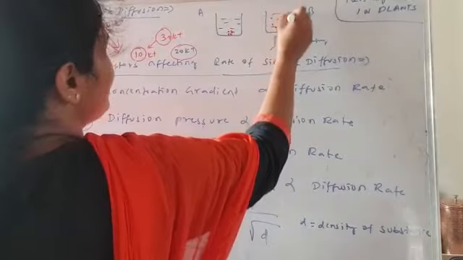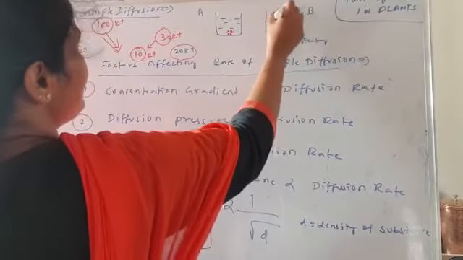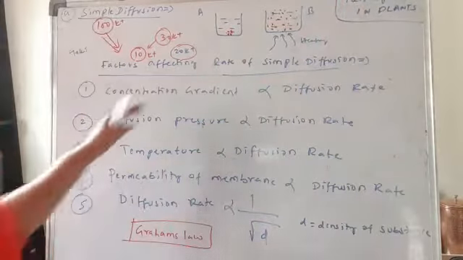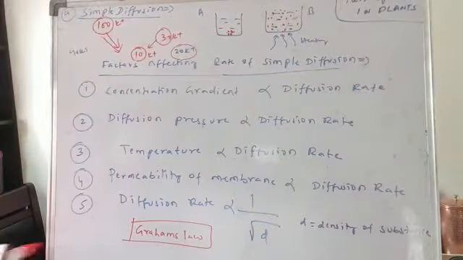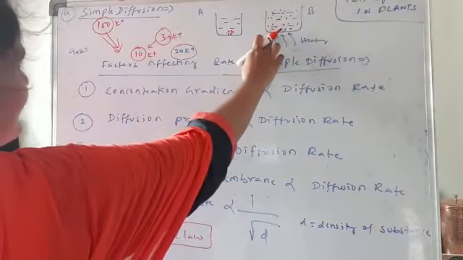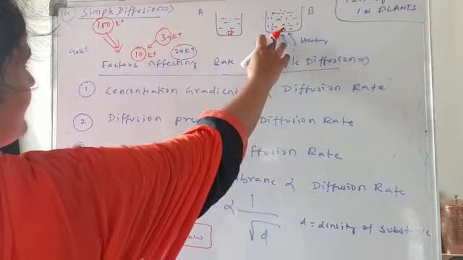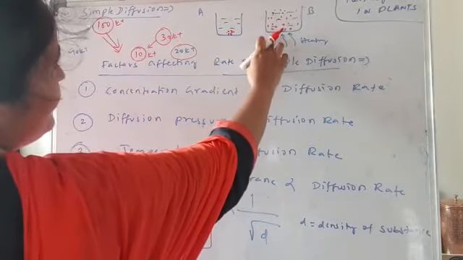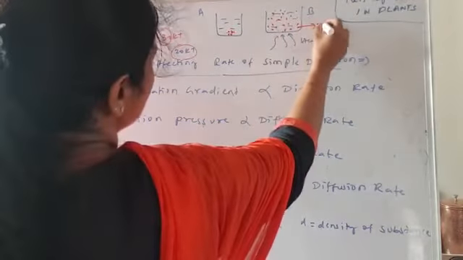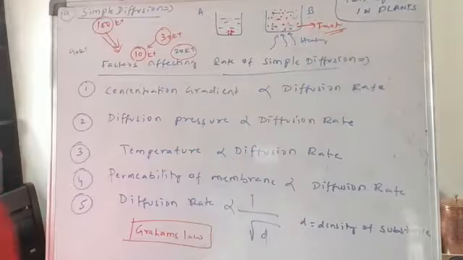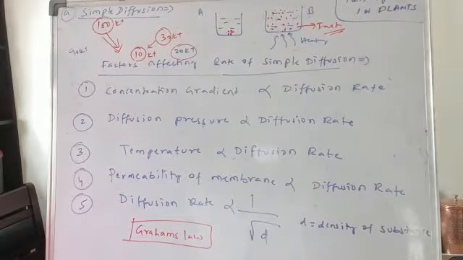So the sugar molecules are moving very fast and spreading in the beaker very fast. Here there is diffusion of sugar molecules, but in beaker B it is very fast. The diffusion rate is more when compared with beaker A.